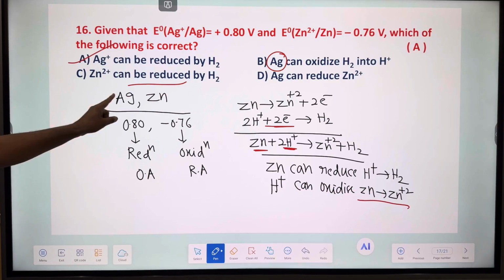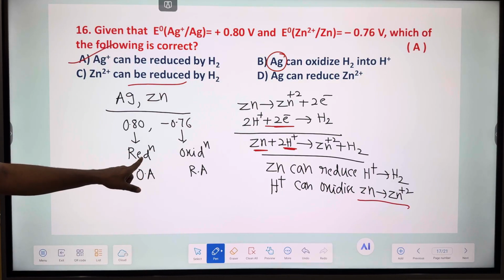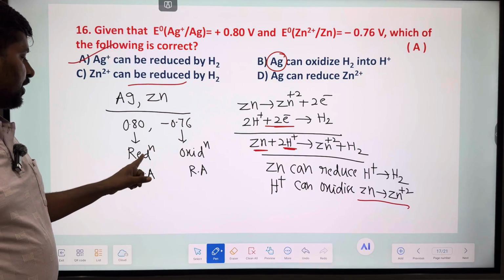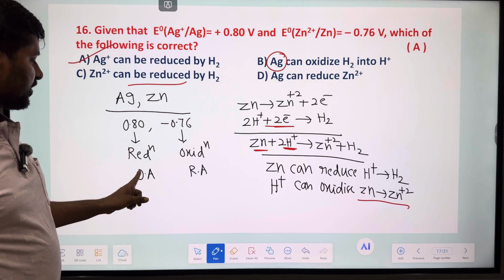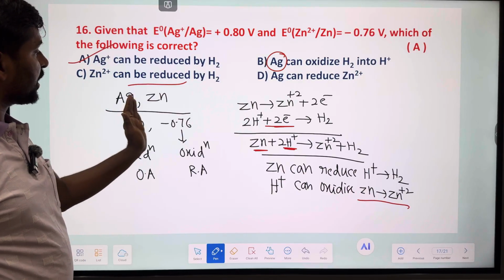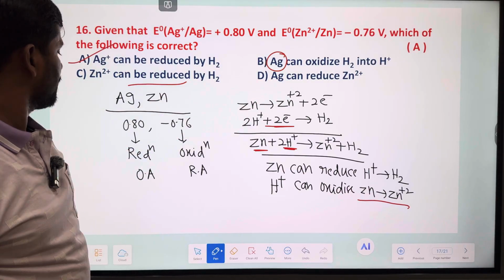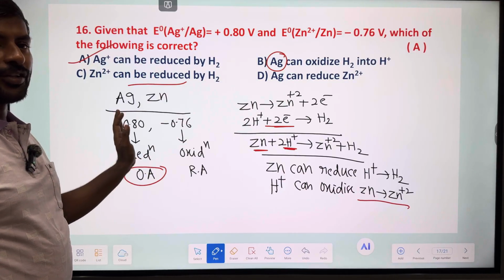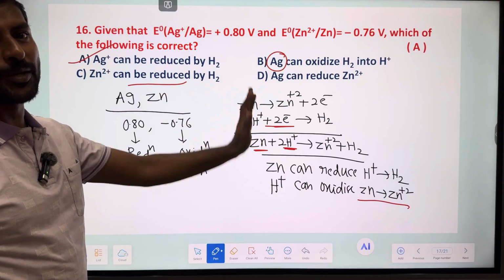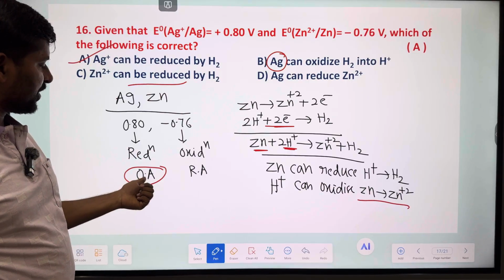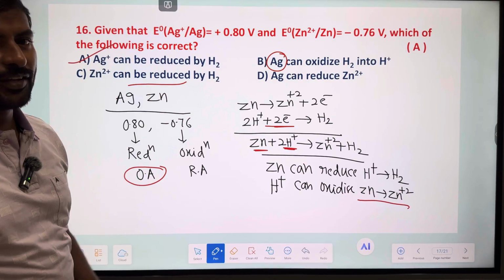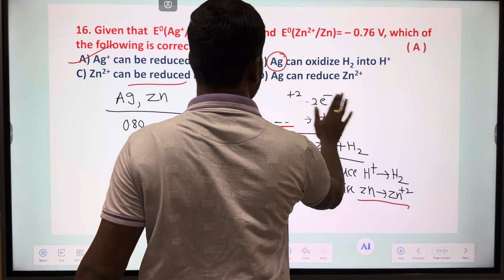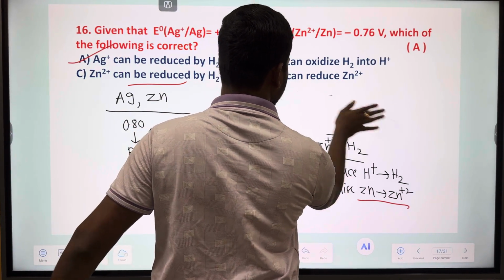Silver participates in the reduction, so it acts as an oxidizing agent. So silver can oxidize Zn to Zn2+ ions, but not reduce them.